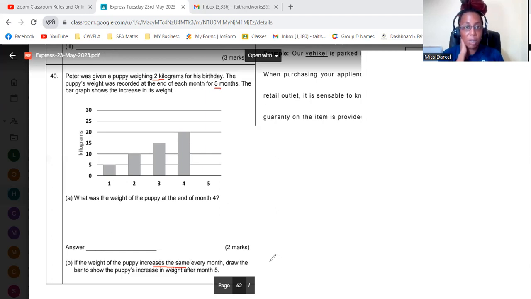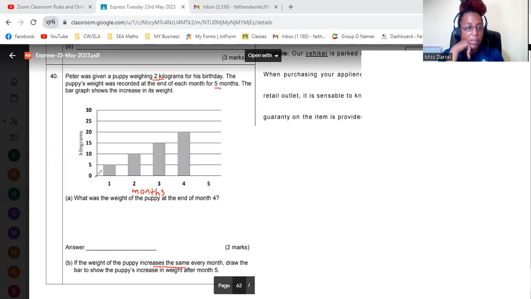So let's look at the information that we do know to figure out what we don't know. The weight is on the left side of the axis here of the graph. So kilograms, and this here would be the months. All right, so we have the months at the bottom here on the horizontal.